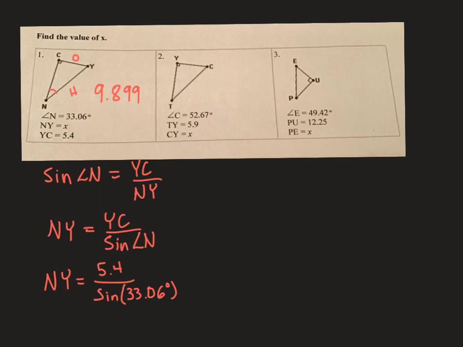Now we're going to do the same thing for number 2. We are given the angle C. We know the length of the side opposite to it and its hypotenuse. So I'm going to find sine of the angle C is equal to TY over CY.